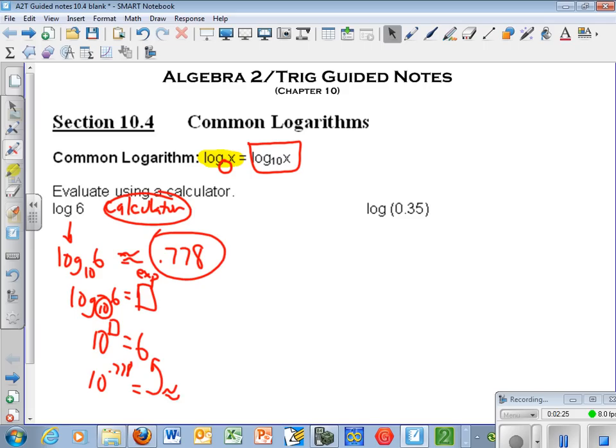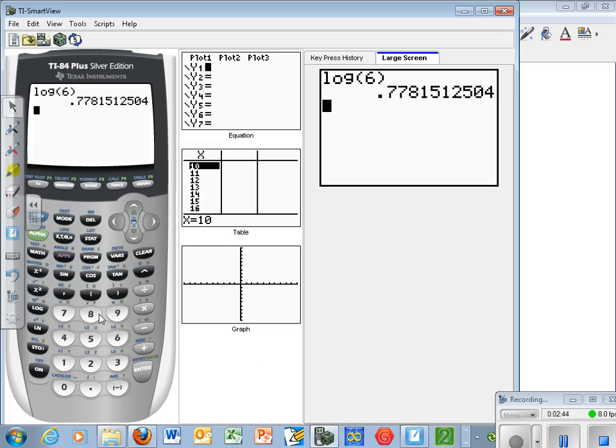So if we go to the next one, really what this means is, this is base 10. 10 to what power is 0.35? That's really what the calculator is going to tell us. So if we go grab the calculator, we want the log, so LOG, which is right there, of 0.35.